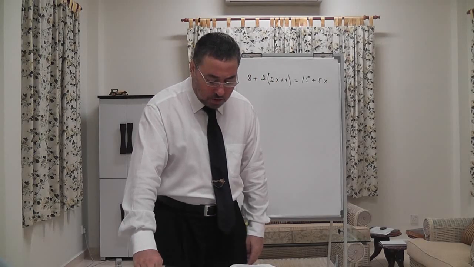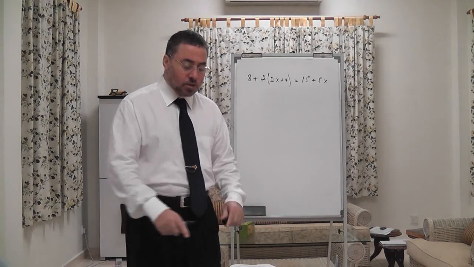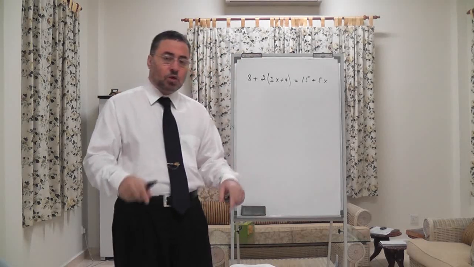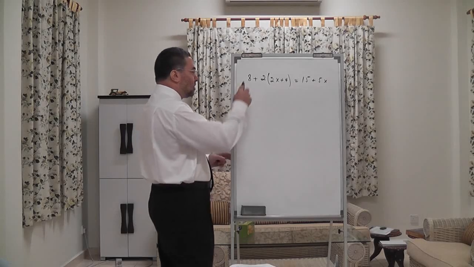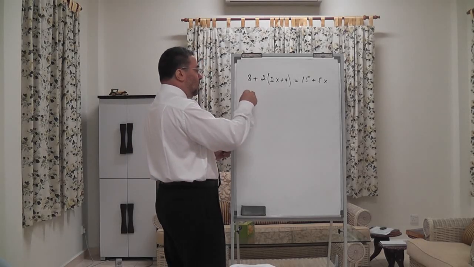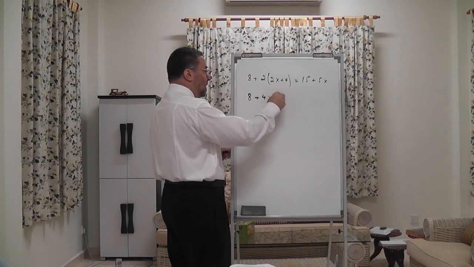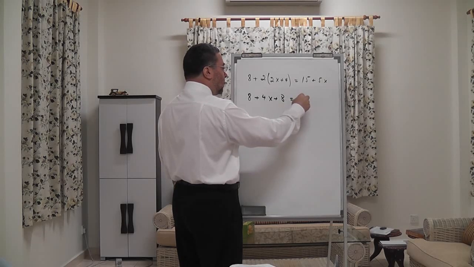Before we go into the review, I just want to explain a situation that we encounter in solving inequalities with the absolute value. Let's say we have an equation, which is this one, and we are going to solve this one. So we expand the parentheses.